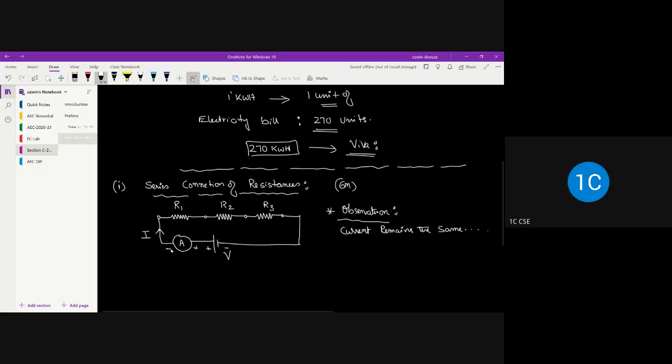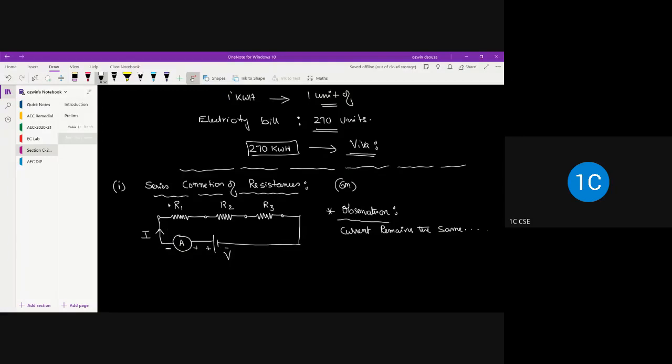So this ammeter will read the current flowing through the circuit. If you place the ammeter next to R1 or next to R2 or next to R3, it doesn't make any difference. Wherever the position of the ammeter, it keeps reading the same current. So current remains the same in case of series resistance.